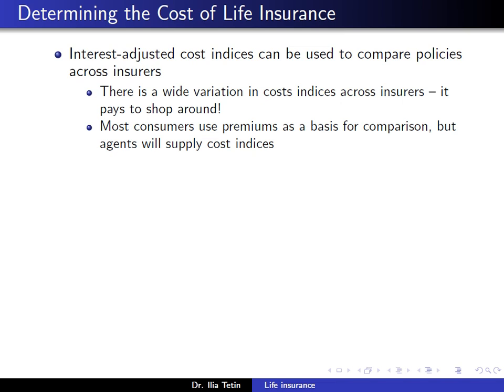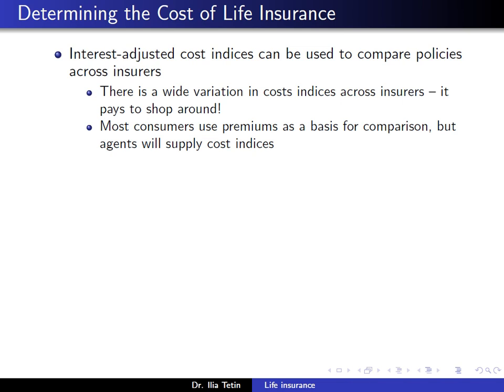Small cost differences can be offset by other policy features or by services that you can expect to get from an agent or insurer. Next, cost indexes apply only to a new policy. The cost data should not be used to determine whether to replace an existing policy with a new one.